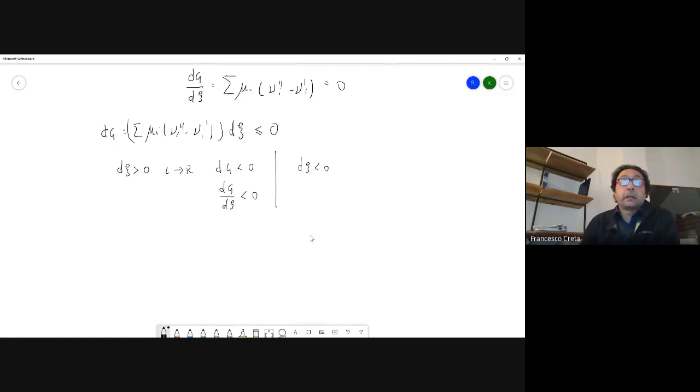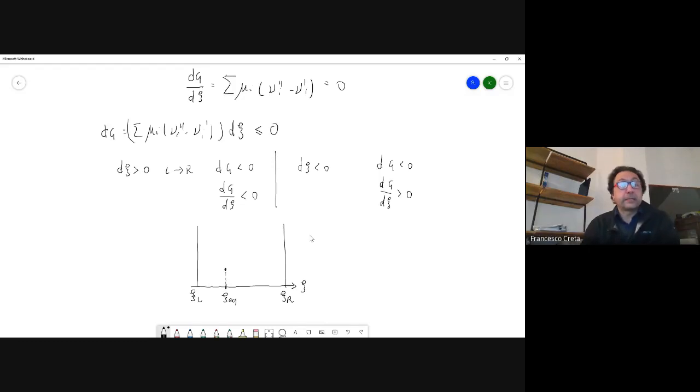So if you decrease the progress variable, dG must always be negative, and so the slope is obviously positive. What does this mean? It means that if we represent this function on a graph, between the leftmost and the rightmost values of psi, we have a value here, which is my equilibrium point.